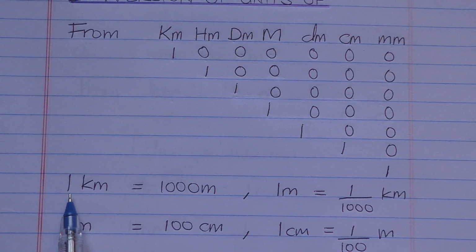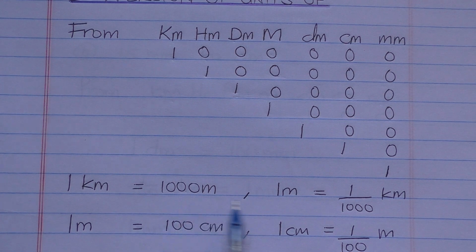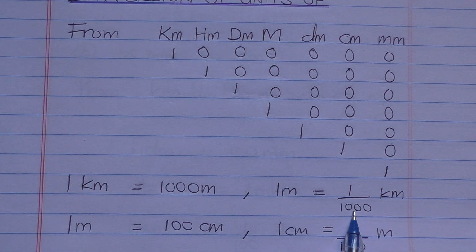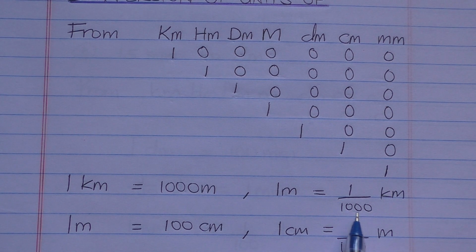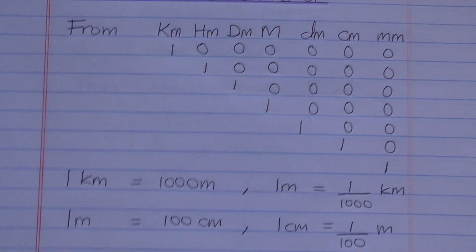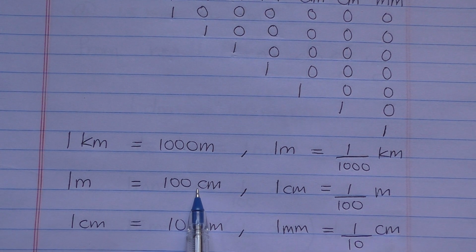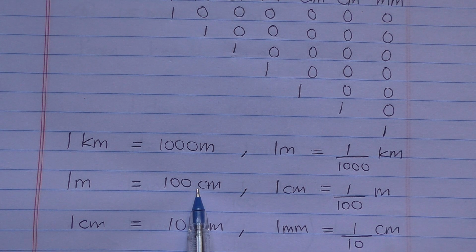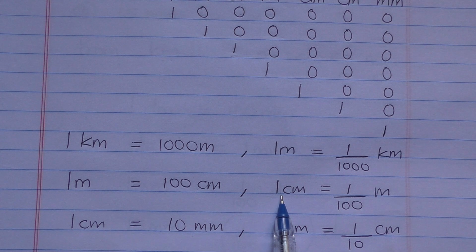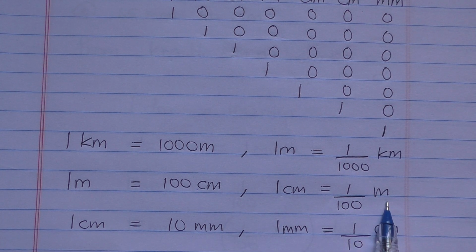Where we have 1 kilometer equaling 1,000 meters, it will give us 1 meter equaling 1 over 1,000 kilometers, because we divide both sides by 1,000. Then from 1 meter equaling 100 centimeters, when I divide through by 100, I'll end up with 1 centimeter equaling 1 over 100 meters.